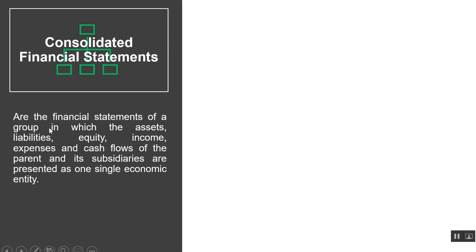These are the financial statements of a group in which the assets, liabilities, equity, income, expenses and cash flows of the parent and its subsidiaries are presented as one single economic entity. So we need to combine all these assets, liabilities, income and expenses along with the subsidiary company.